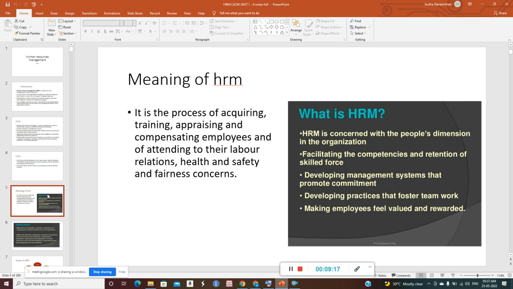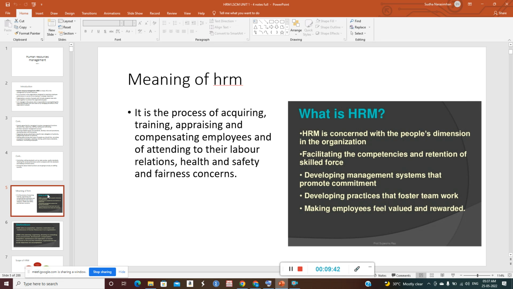If they utilize these management systems in a proper manner, they will be able to promote more organizational commitment because these systems help you to get a better insight. So better decision making is possible. And you need to have all these in the form of good practices in the organization.